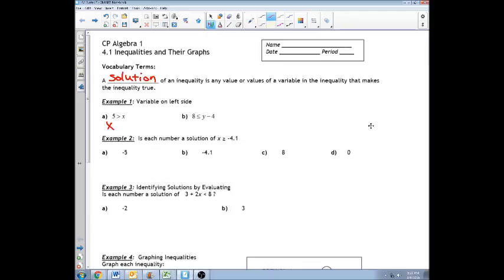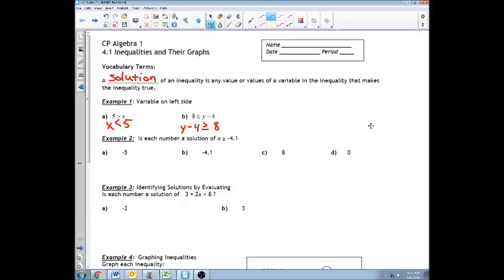So I need to make sure that the mouth continues to face the 5, but I can go ahead and flip the inequality. Again, for B, I can rewrite my right side onto the left side, and then I can write my left side onto the right side, but I have to make sure the mouth is still opening up to the same side of my inequality, in this case, the y minus 4.